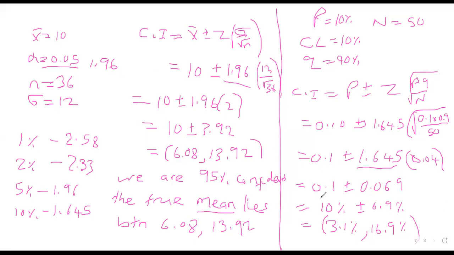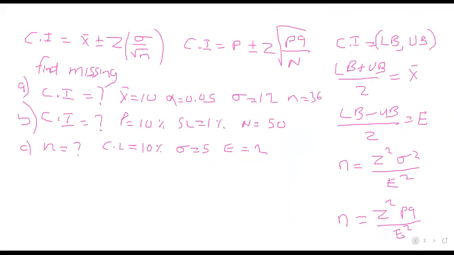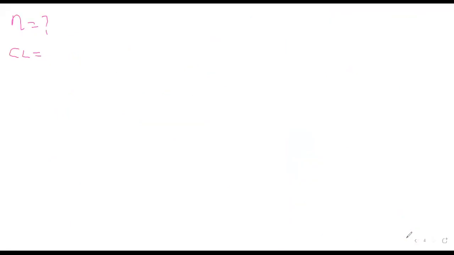Sometimes you'll be given a range. So we are told to find the sample size when our confidence level is 10%, standard deviation is 5 and error is 2.